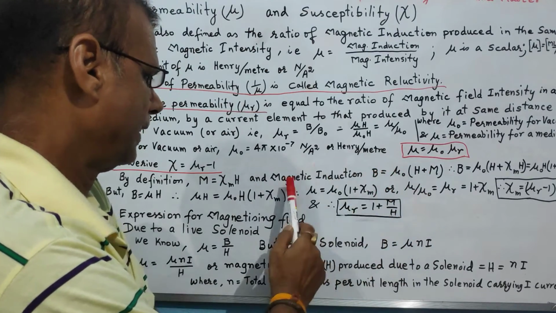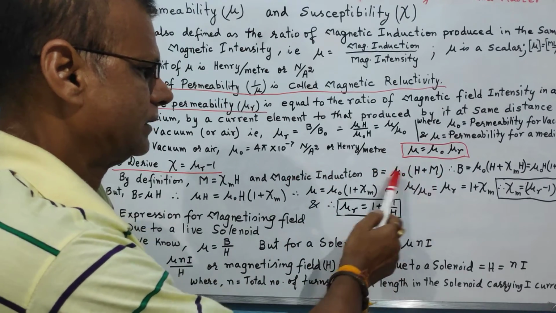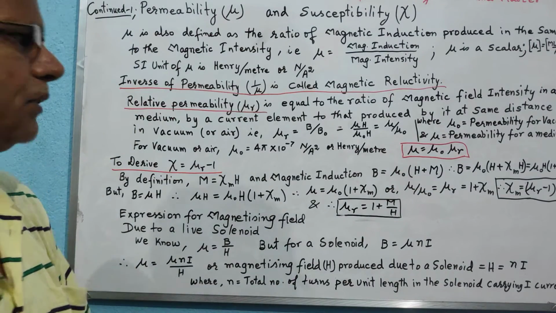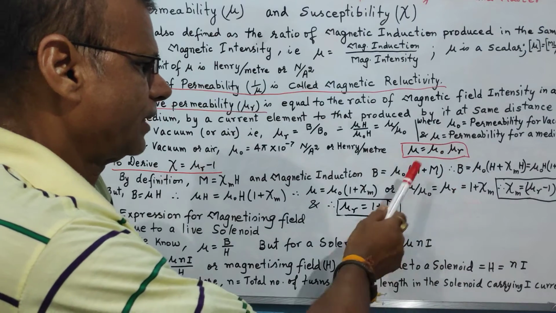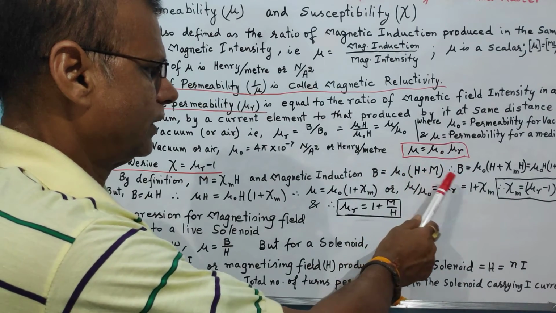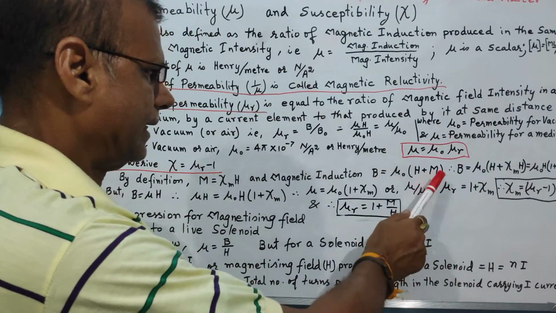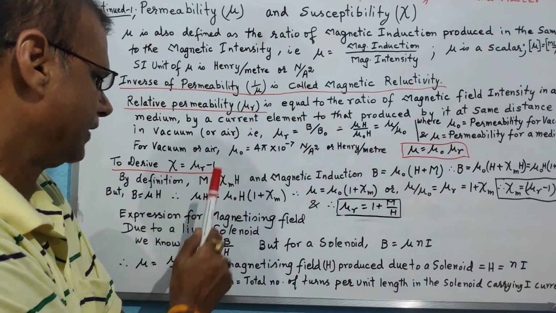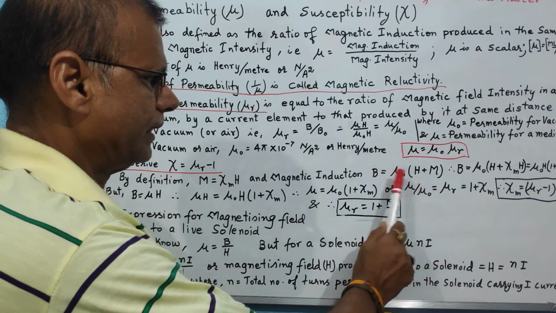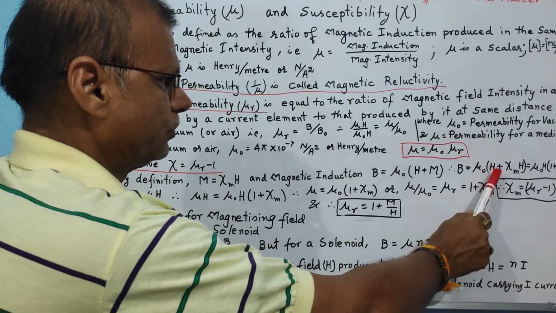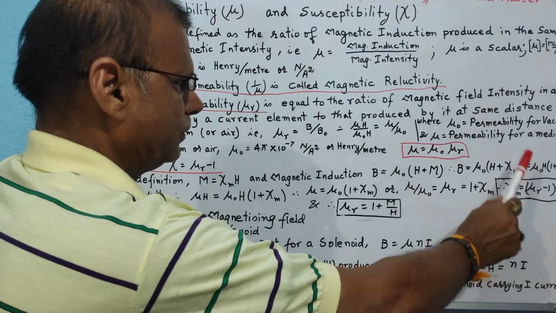So the magnetic induction is a combination of these. The total magnetic field will be B equal to mu 0 (H plus M), and as M is equal to chi H, on putting the value of M we get B is equal to mu 0 (H plus chi m H).